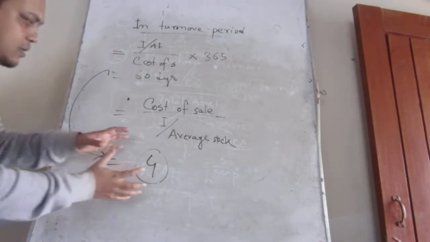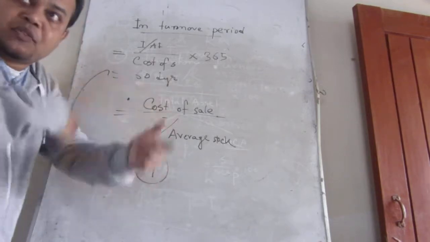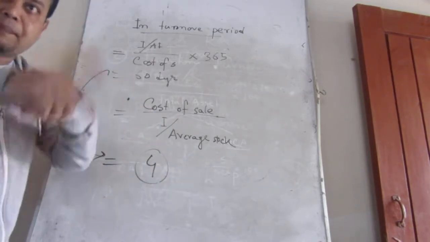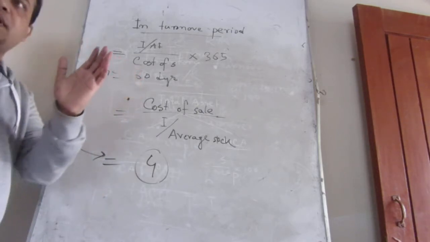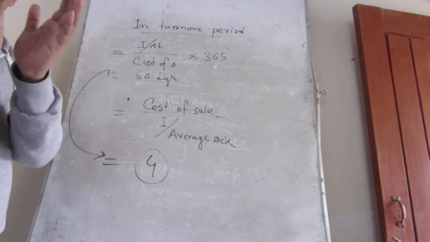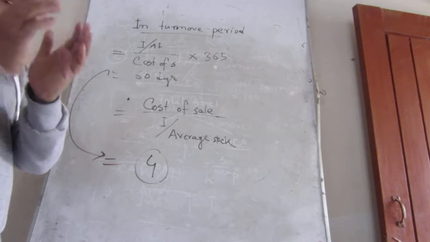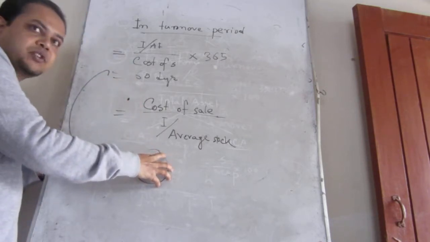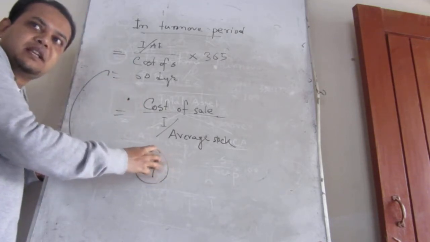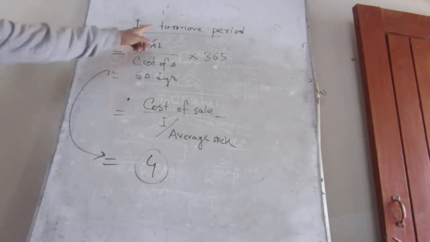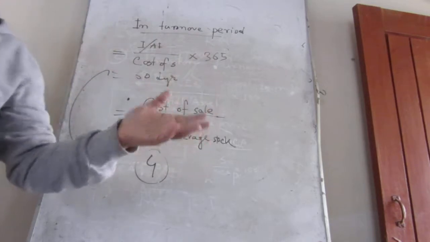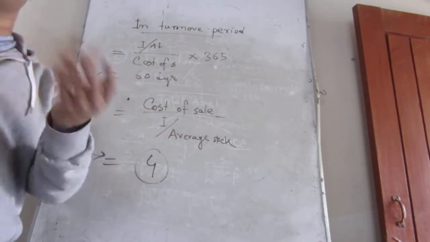If you can manage yourself to increase the number of conversions, each and every conversion requires fewer days in a year, right? If this conversion number in the year decreases, কমে যায়, in that case your required turnover period is much more than the previous. So this is the relationship.